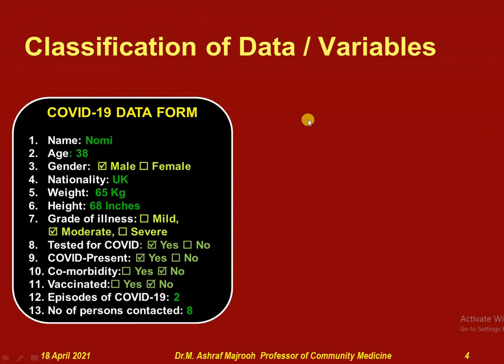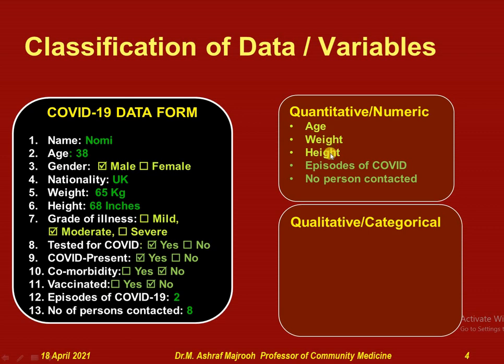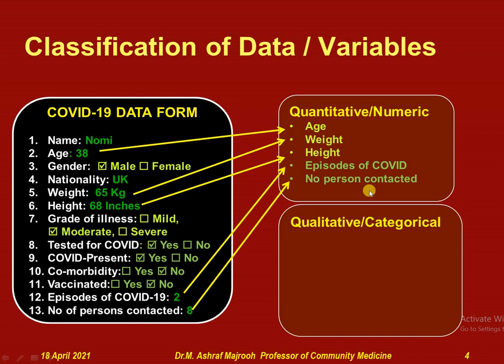The variables and the data from this typical data collection tool can be segregated to understand the nature of the variables. The variables are classified mainly into two categories: quantitative or numeric variables, and qualitative or categorical variables. If we segregate these variables from this data collection form, we have the quantitative variables like age, weight, height, episodes of COVID, and number of persons contacted.